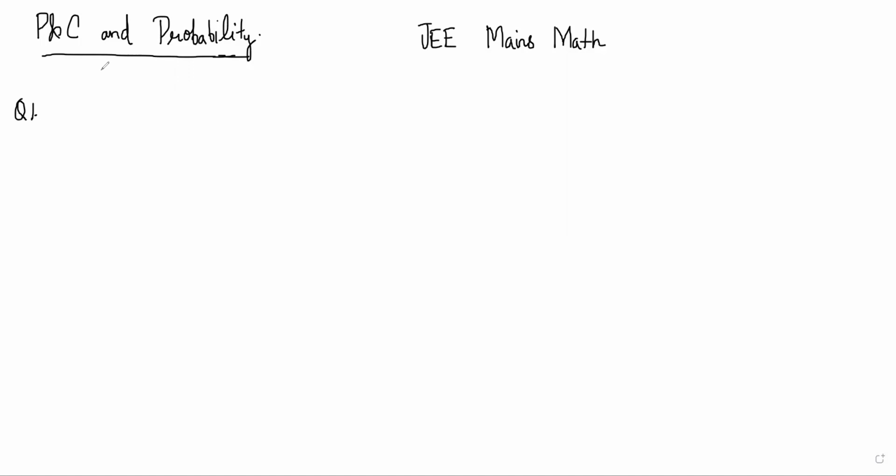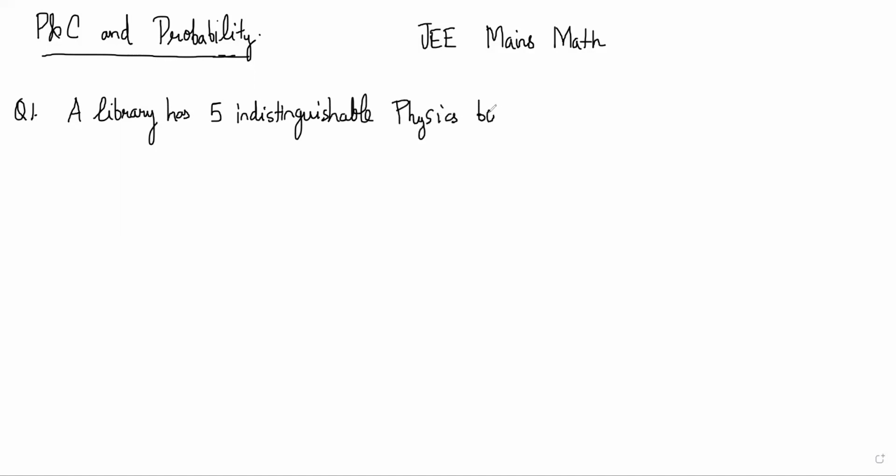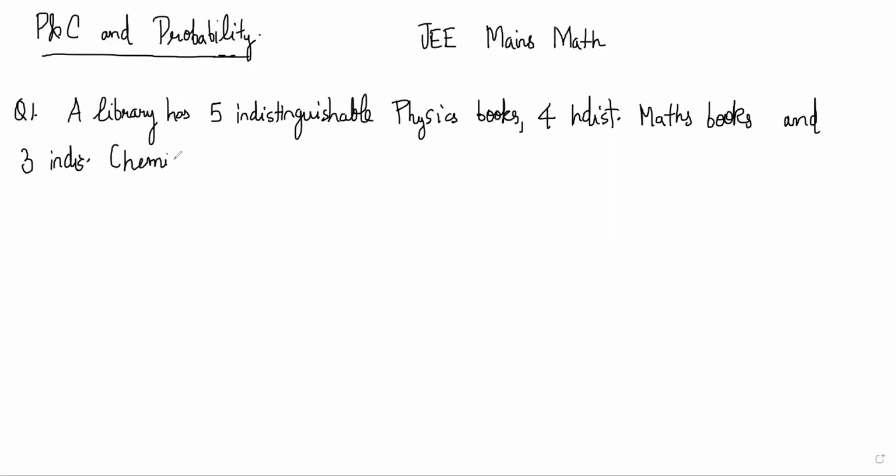Okay. So question one is this. A library has 5 indistinguishable physics books, 4 indistinguishable maths books, and 3 indistinguishable chemistry books.